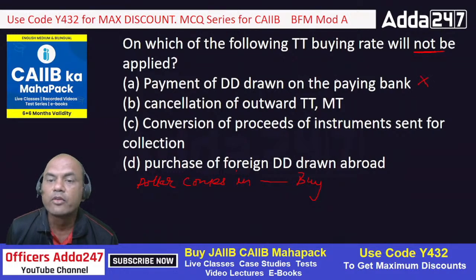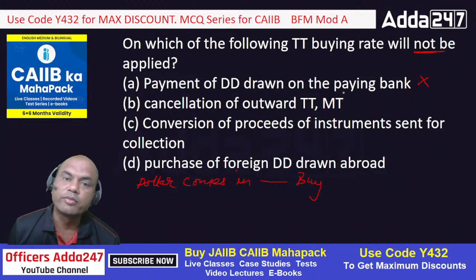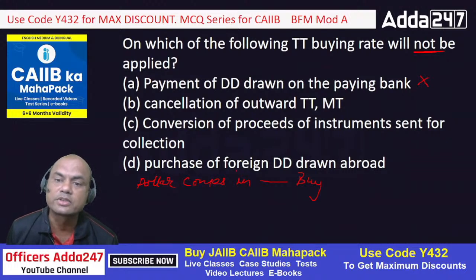Even if I consider this DD as a forex DD drawn on me as the paying bank, it is drawn in dollars. Whenever somebody draws a DD in dollars and comes for payment, you will pay in dollars to that person, which means dollars will go out. What is the case? Dollar comes in, only then buy. So here it won't be applied.